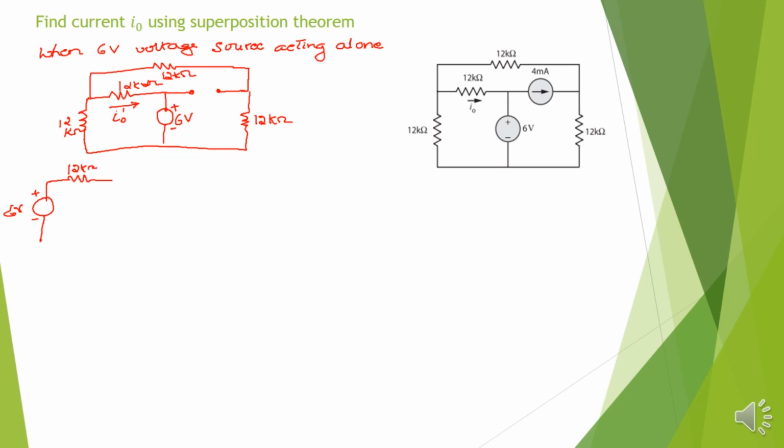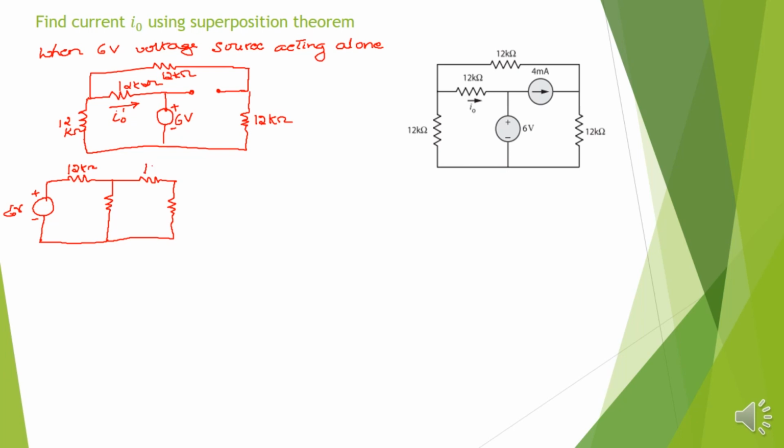One is 12 kilo ohm reaching to this source voltage, correct? This point is connecting to this negative potential, and the other one goes to 12 kilo ohm and this 12 kilo ohm, and then through another 12 kilo ohm it is reaching the negative.